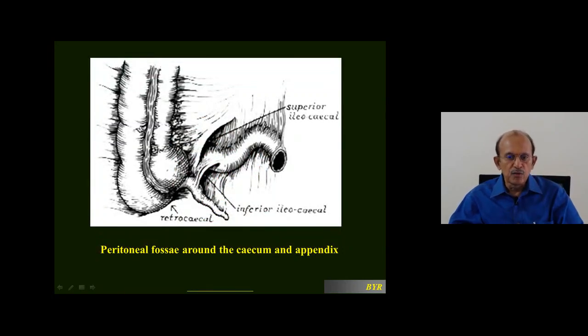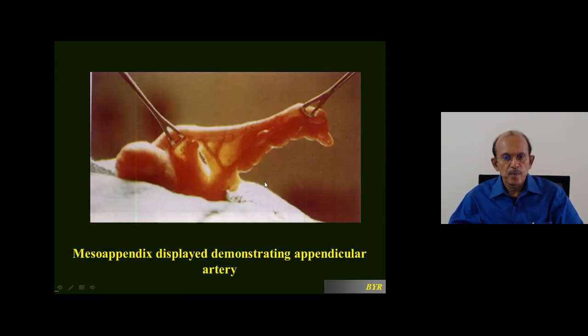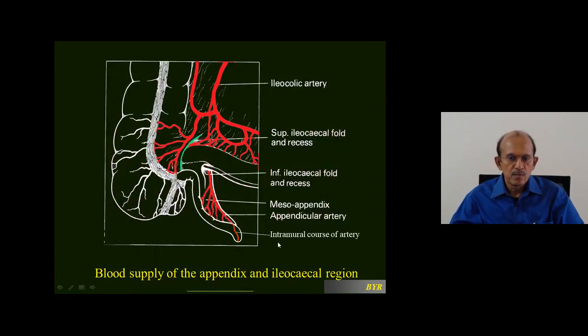Of course, there are peritoneal fossae around the cecum and appendix: the inferior ileocecal fossa, the retrocecal fossa, and the superior ileocecal fossa. Sometimes the appendix may lie in these fossae. This is the mesoappendix with the appendicular artery. This is the ileocolic artery. It divides into two branches, a cecal artery and an ileal artery.